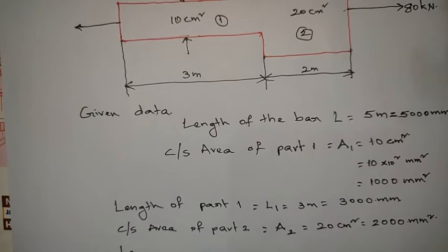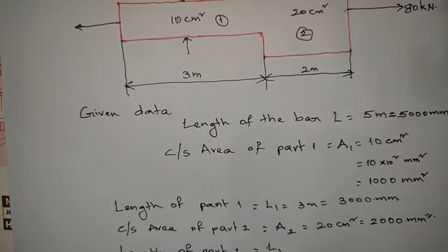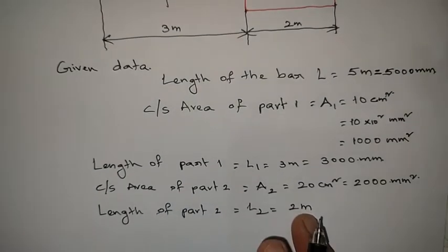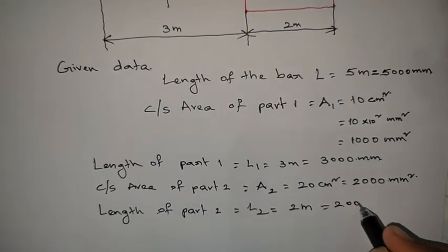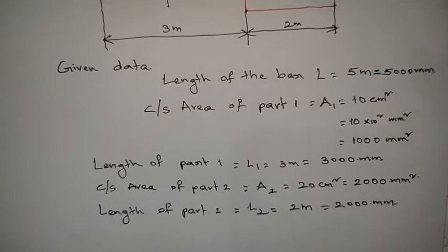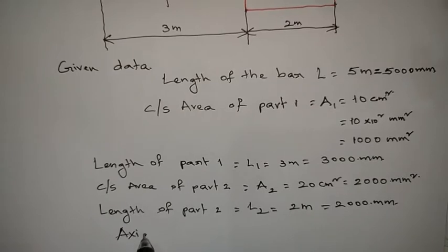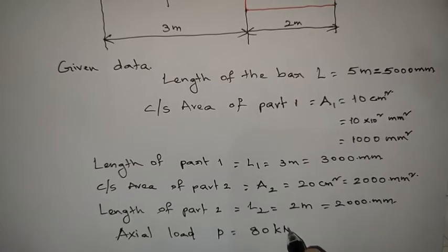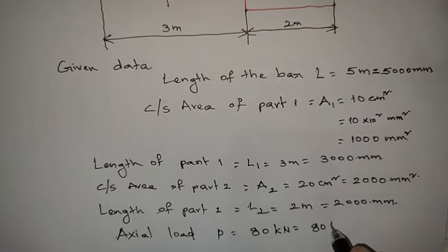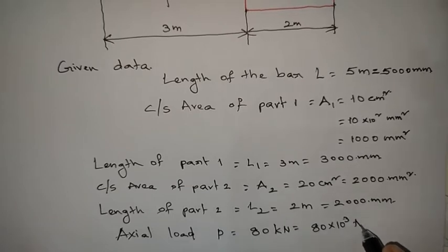Next, length of part 2 is given. Length of part 2, L2, equals 2 meters, so that equals 2000 mm. And next the load is given, axial load. Axial load P equals 80 kilonewtons, and that equals 80 into 10 cube newtons.